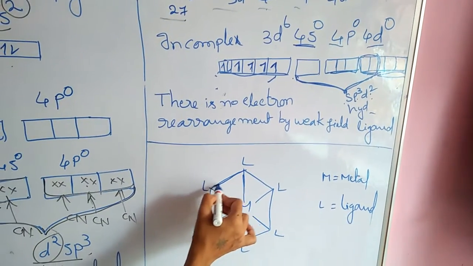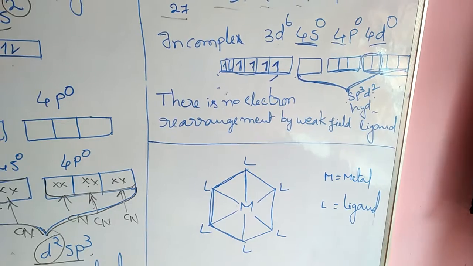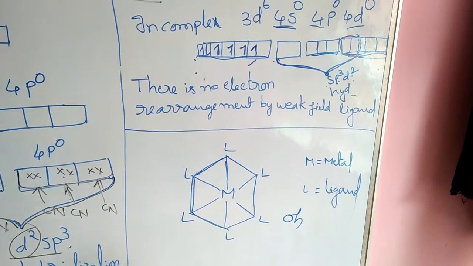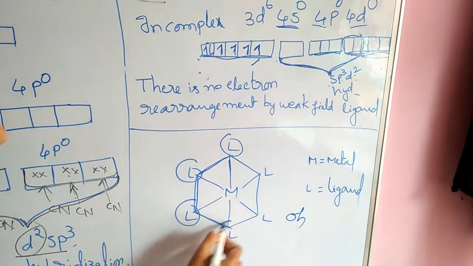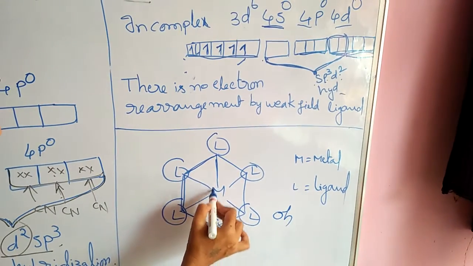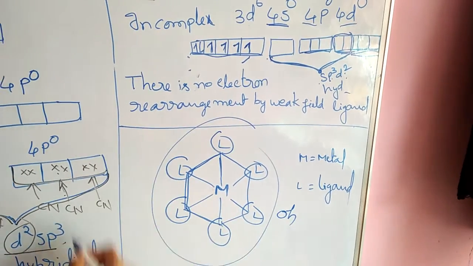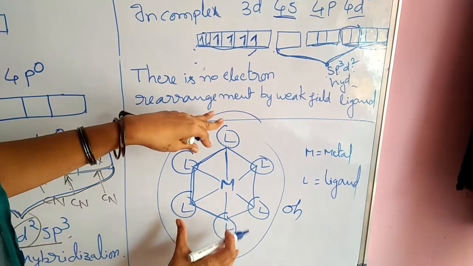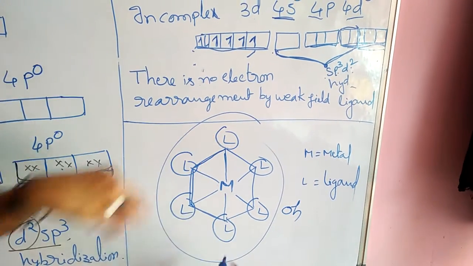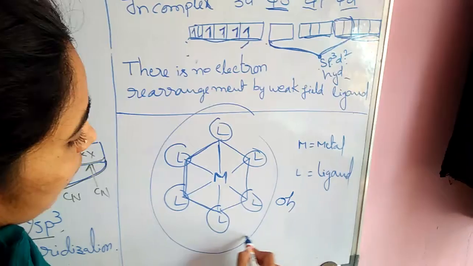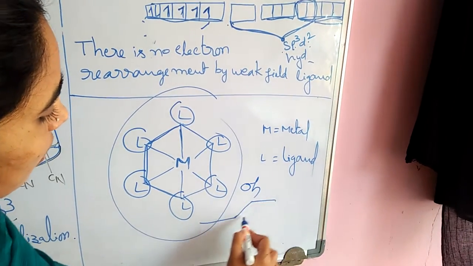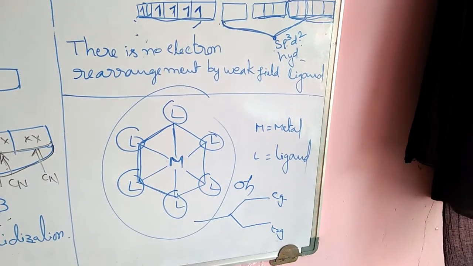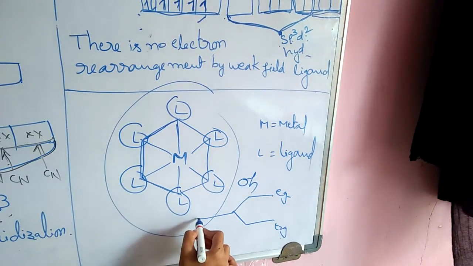Here we have to observe this. This is an octahedral complex. Six ligands approach the metal atom from 6 directions. When these ligands approach the metal atom, the d orbitals split into two types, t2g and eg, in octahedral complexes.